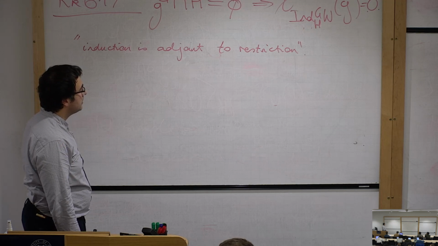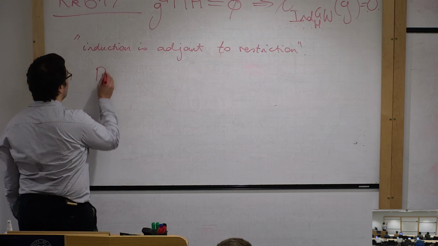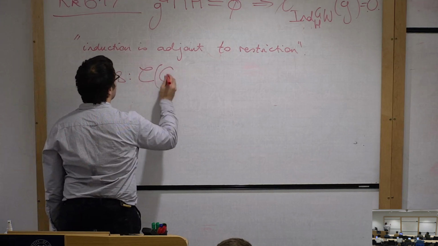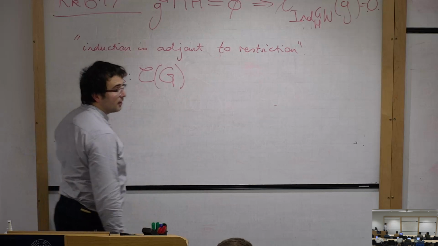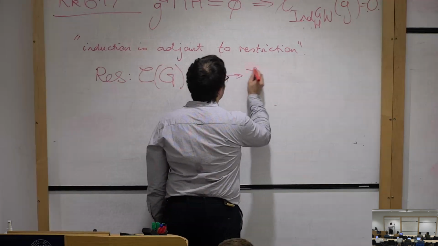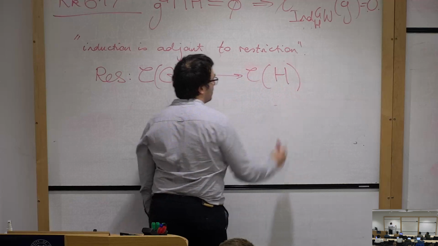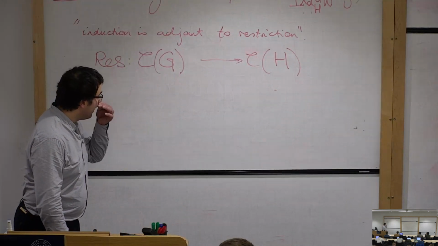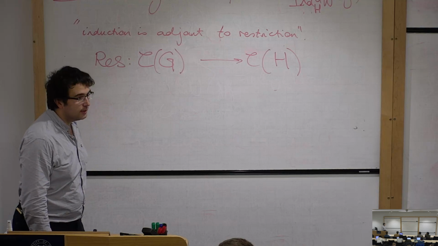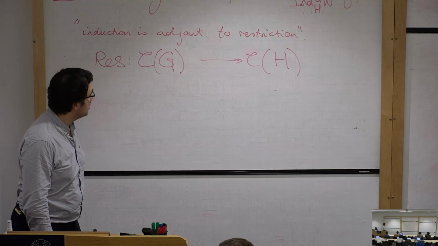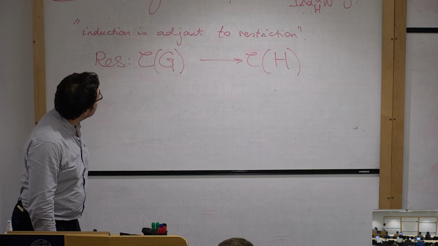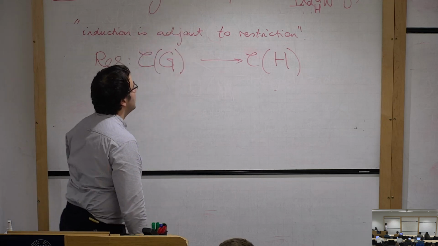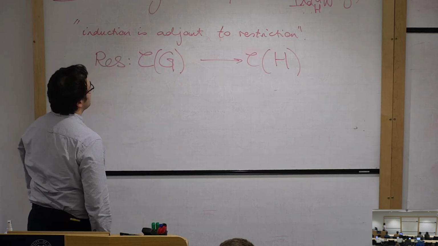We have a linear map, right? Restriction. I have a class function on G, and I just restrict it to H. The resulting function is stable under conjugation by H, right? Every intersection of H with any conjugacy class is, again, the union of H conjugacy classes.